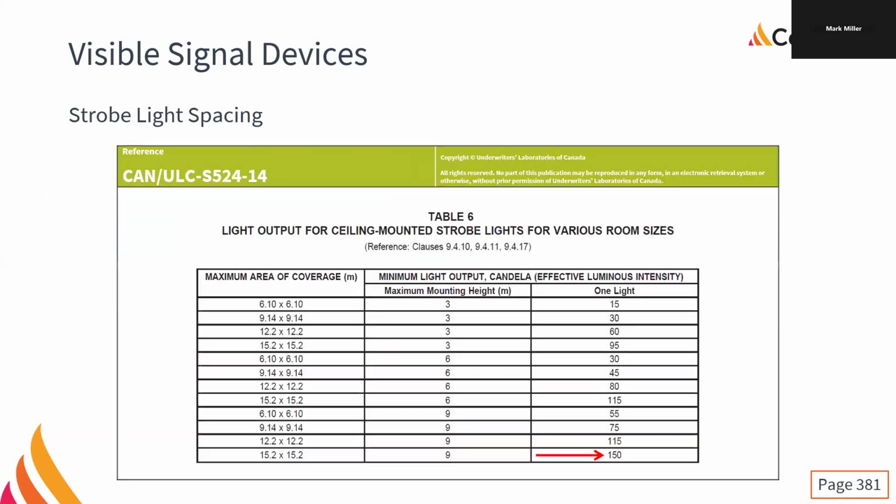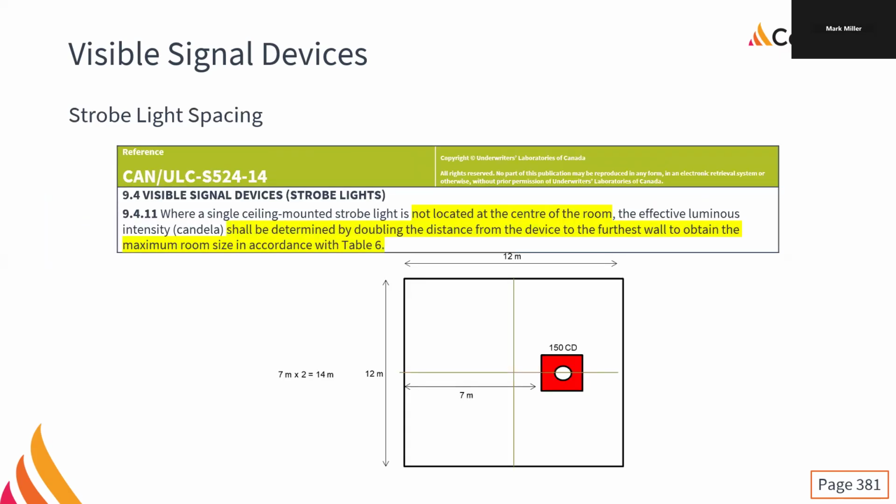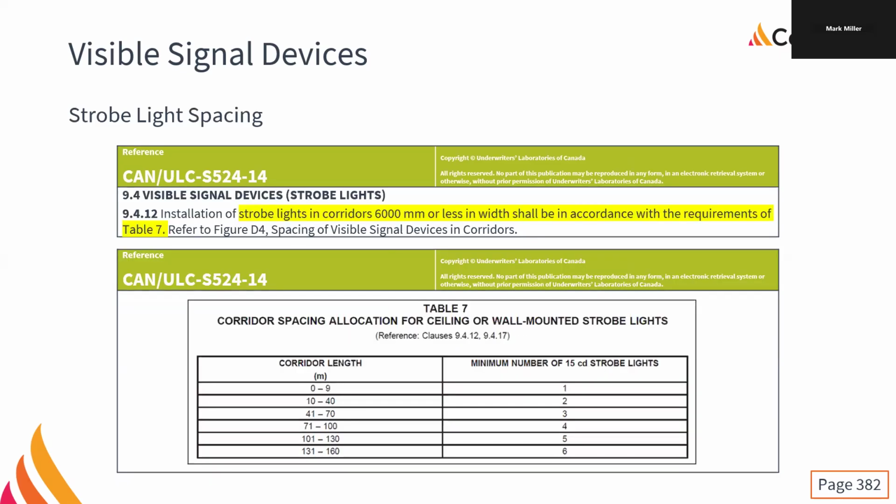So that can be an issue. If we can't put that light dead center, then we have to make sure that we're still getting enough light in the far corner. Just like when we talked about initiating device coverage, when we were looking at wall-mounted strobes, we have to make sure that we cover all portions of the room.